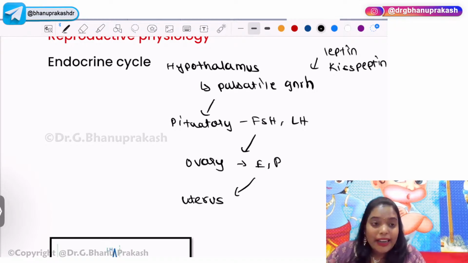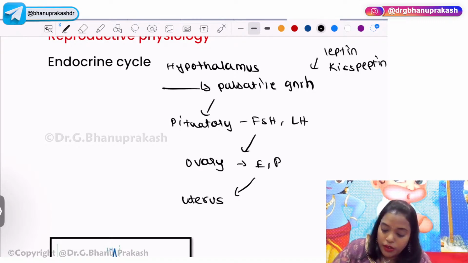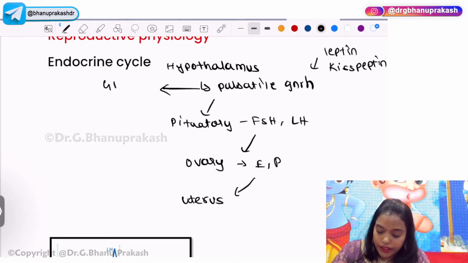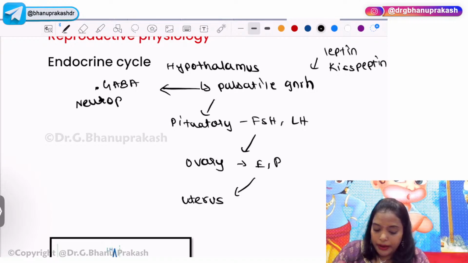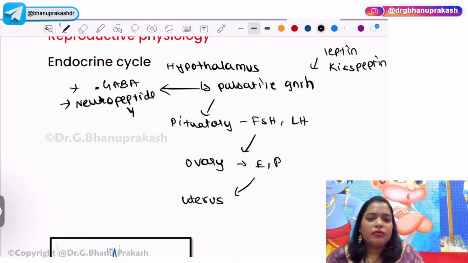And to downregulate the pulsatile GnRH, we have GABA and neuropeptide Y. So normally this is important, which you should know.